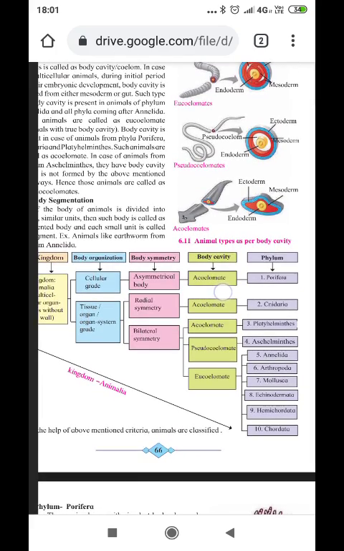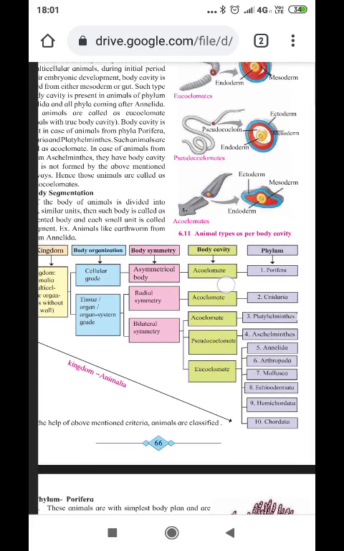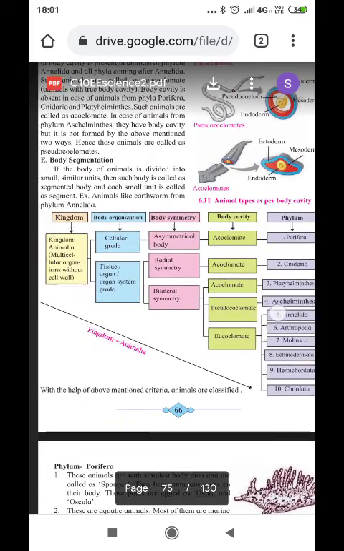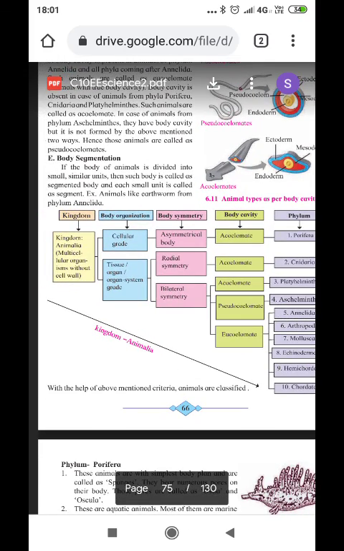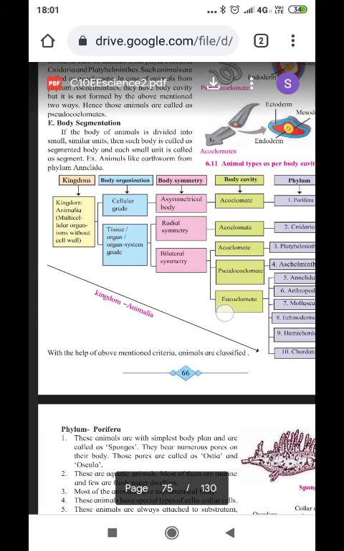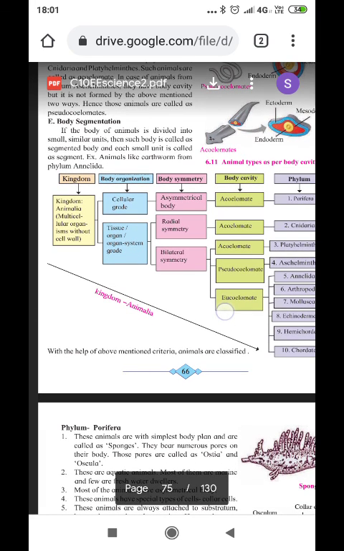Pseudocoelomates, in the process of forming, and acoelomates, no cavity. Three layers are formed in them. Then segmentation, small units are formed, for example, earthworm. Earthworm has various segments.